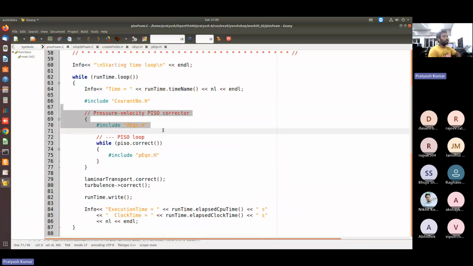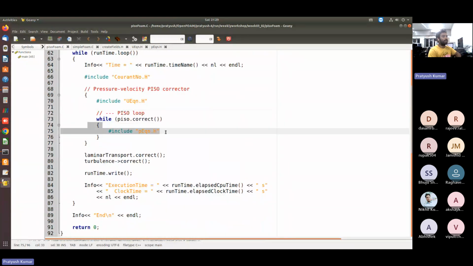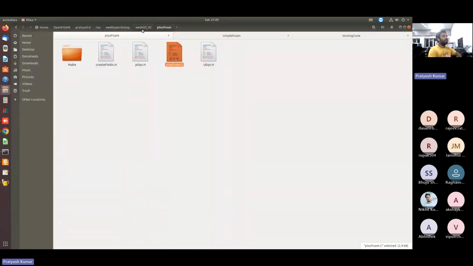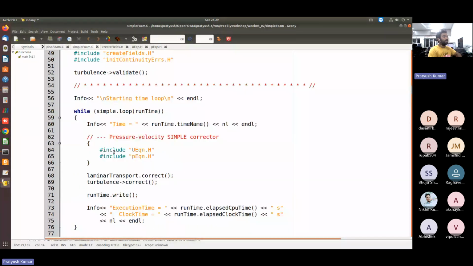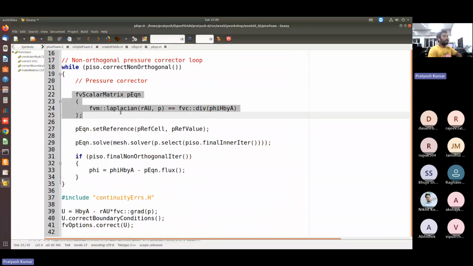First it is going to solve the U equations, then it is going to solve the P equations, and that is the difference between PISO and SIMPLE, because in PISO we iterate for the pressure corrector term more than one time, but in simple, if you open simpleFoam, we don't iterate more than one time. So in simpleFoam you can see that we directly write these two equations, and this is the pressure corrector term.